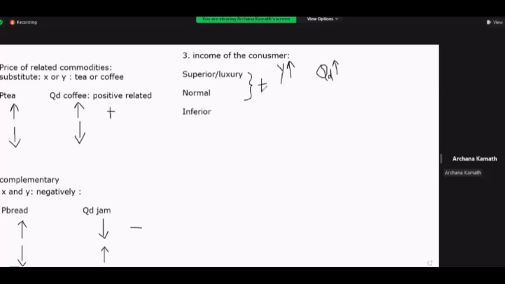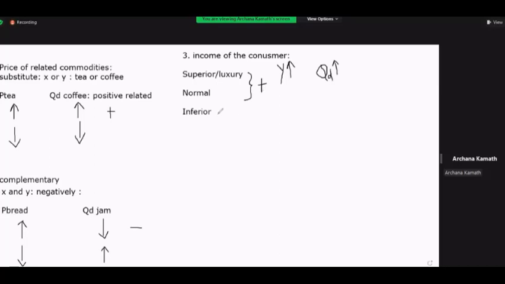See, superior, normal, and inferior, just keep in your mind: when there is a change in the level of income and demand for the commodity is moving in the same direction, that is, there is a positive change, the good under consideration will be a superior or normal commodity.